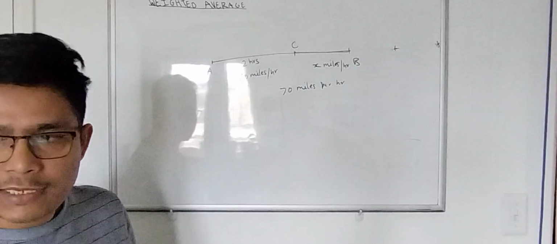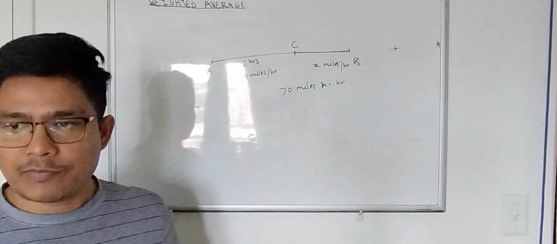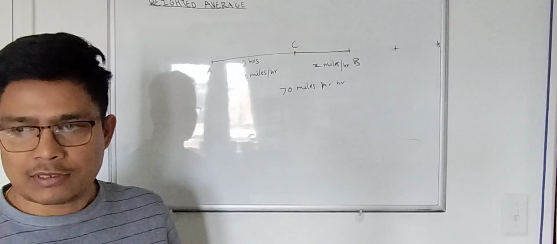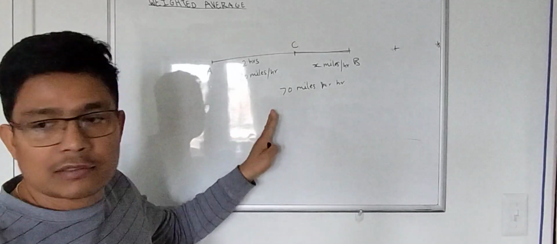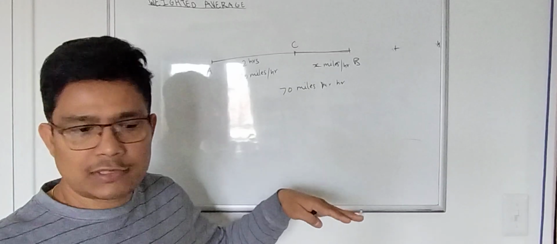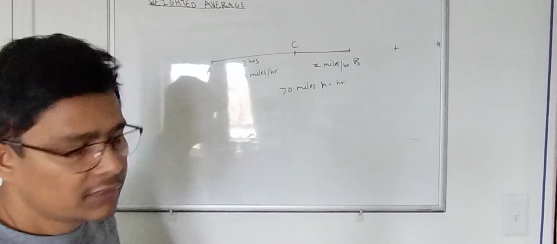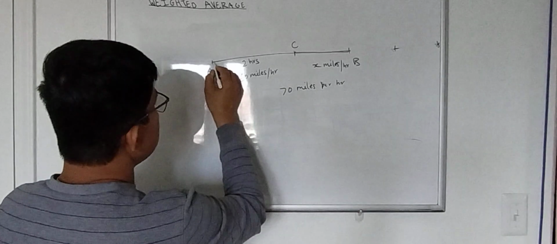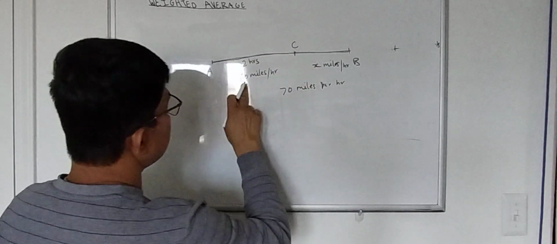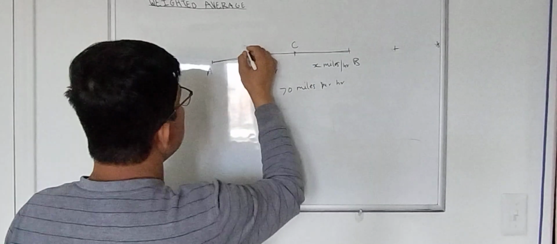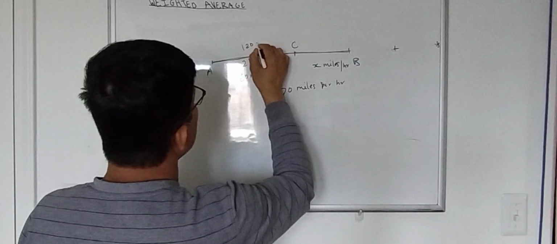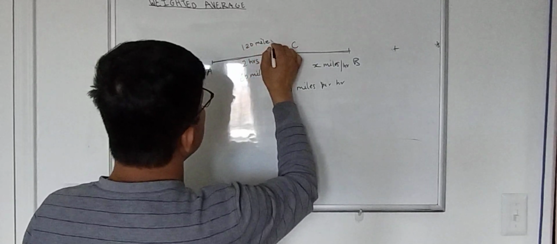So again, this is an example of a weighted average problem. Although it's a part of time and distance problems, you can also relate it with the concept of weighted average. So let's see how much distance it covered in 2 hours. If speed is 60, time is 2, this is 120 miles.